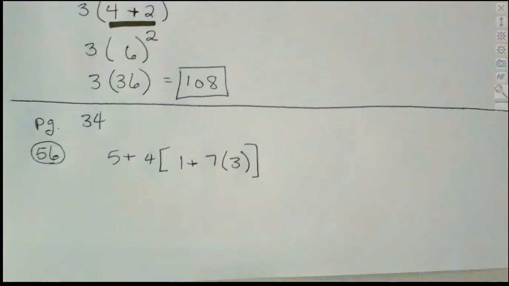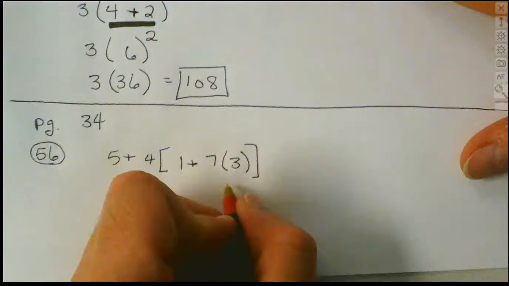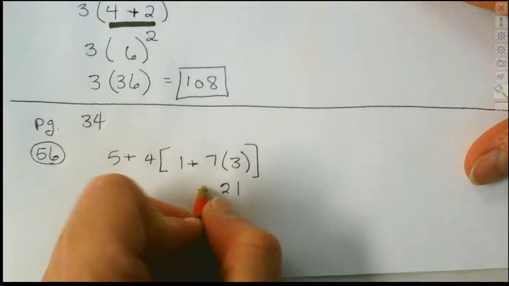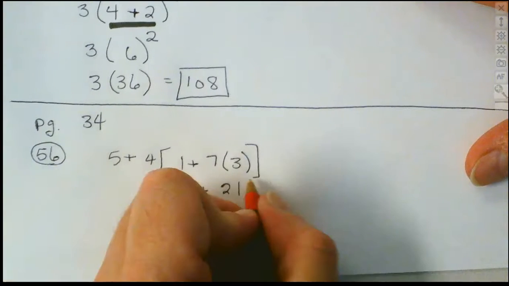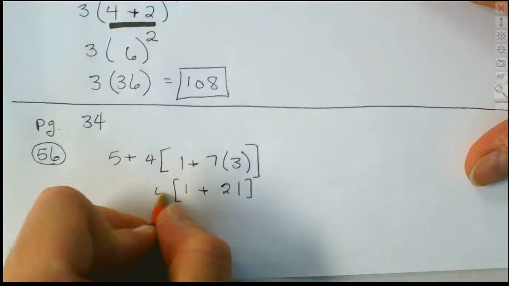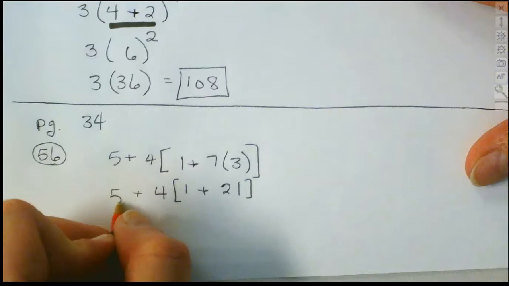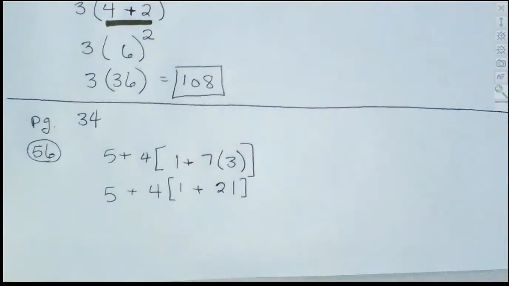So we do the 7 times 3, and 7 times 3 is going to be 21. And I picked this one just because of the square brackets. Square brackets are the same as parentheses. They can be used interchangeably. So just because you have square brackets, it is no different than parentheses.